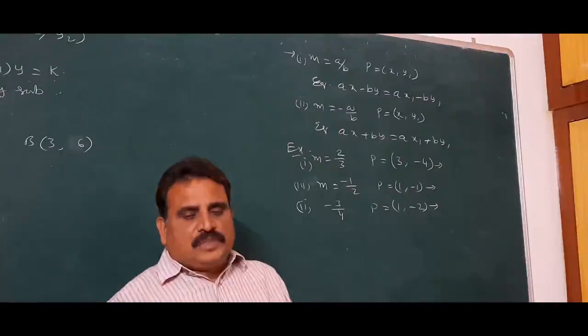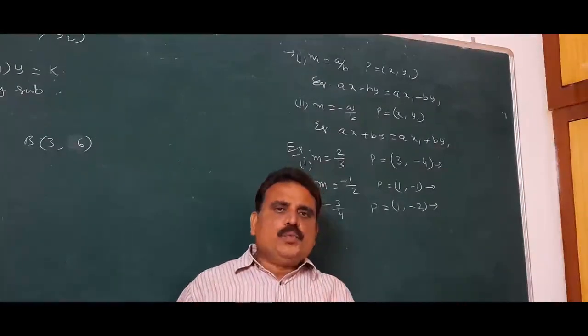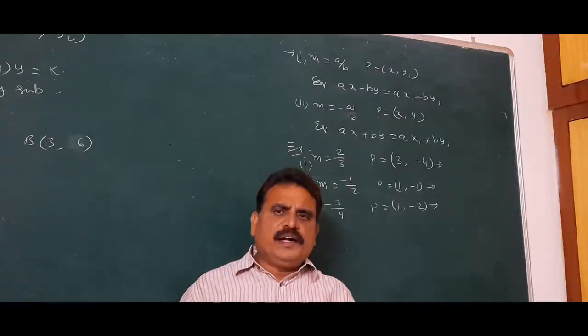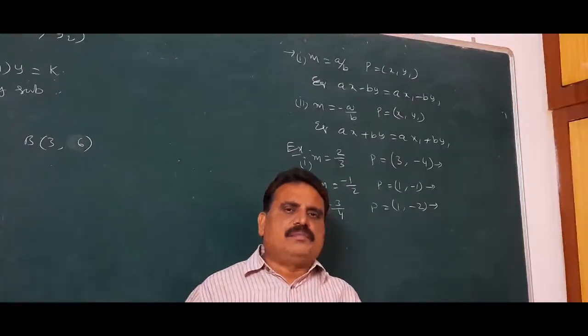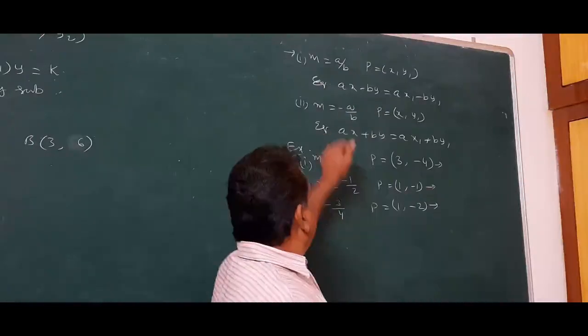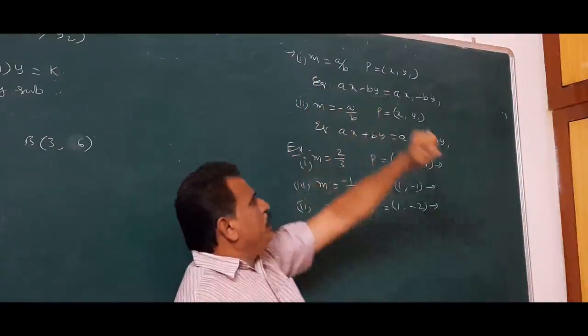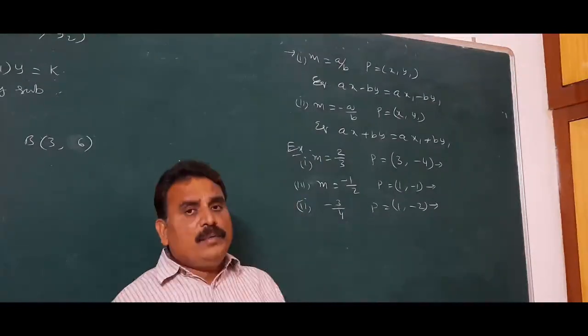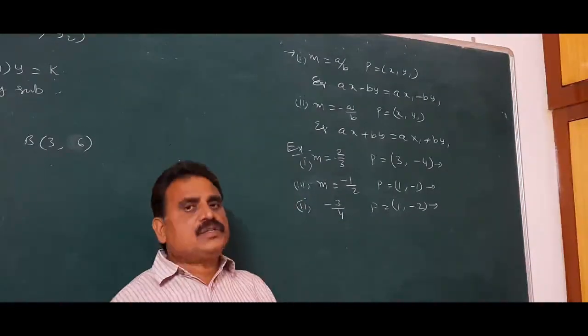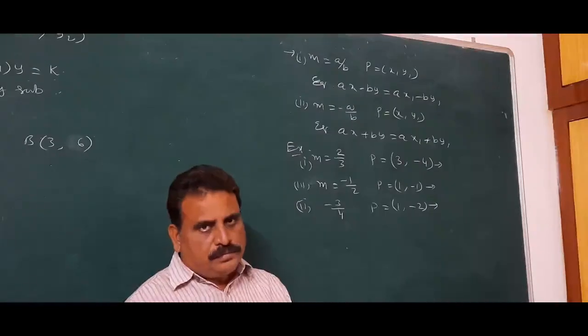Before going to the equation of the line passing through the given 2 points, if slope and point is given, how to find the equation of the line in short span of time? Directly, look here. If slope is a by b and the point is P(x1, y1), slope and point are given. You know, point slope form, we get the equation of the line.